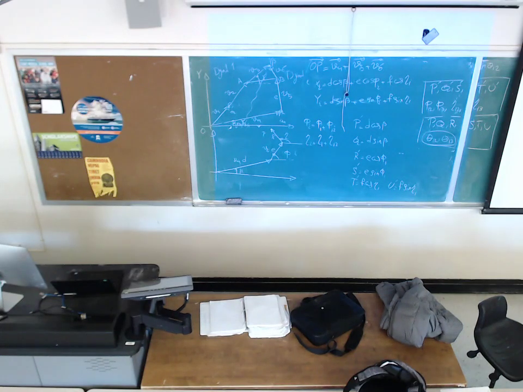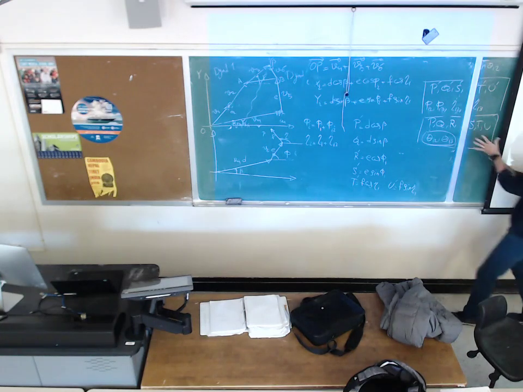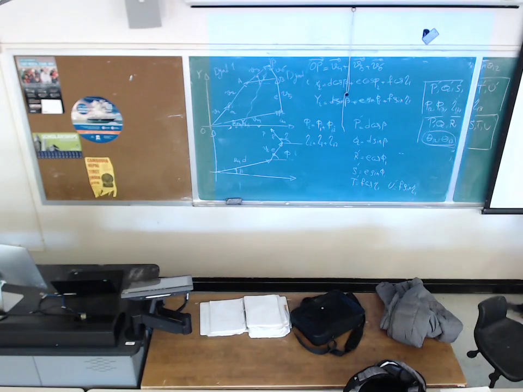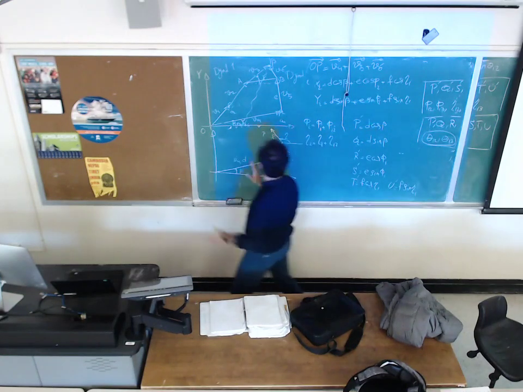Two of them are free choices, but the other 2 should be known. If they are not known, we cannot solve 6 equations, 6 unknowns. You cannot because you don't know the length.